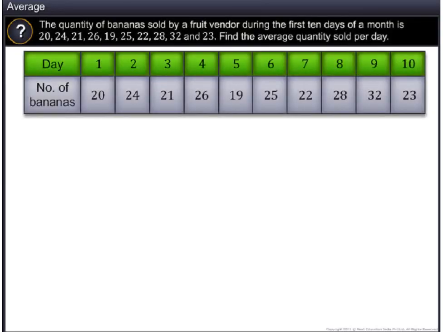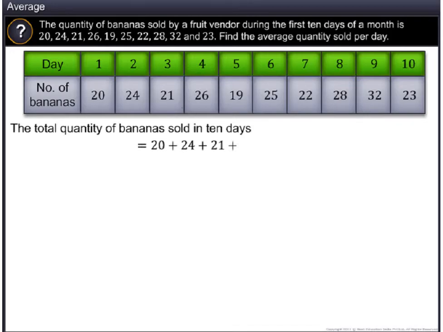The quantity of bananas sold during the first 10 days of a month can be tabulated as shown here. The total quantity of bananas sold in 10 days is obtained by adding the number of bananas sold on each of the 10 days. Therefore, the total number of bananas sold in 10 days is 240.